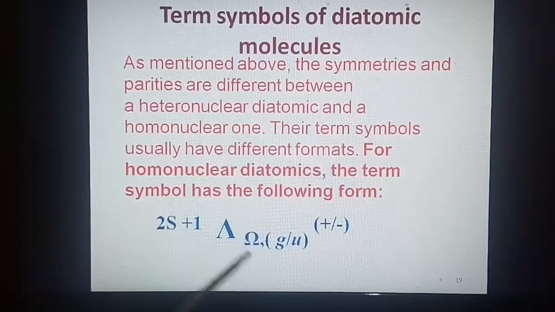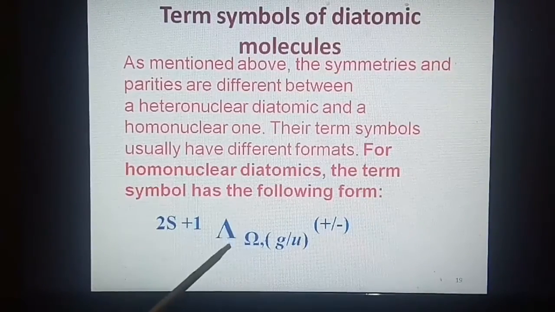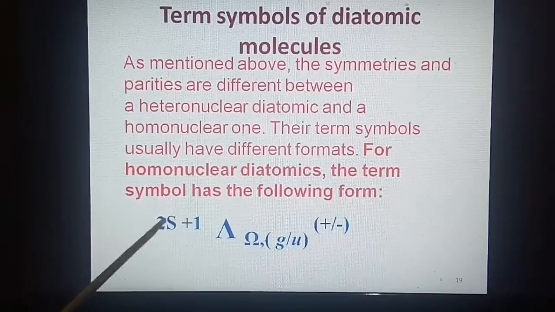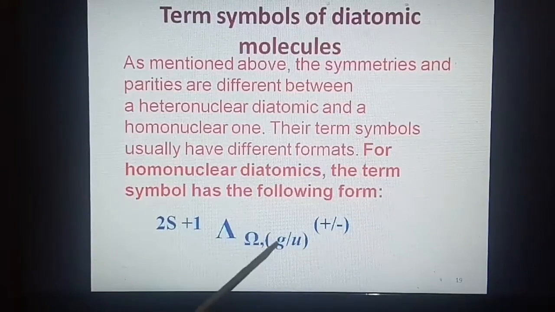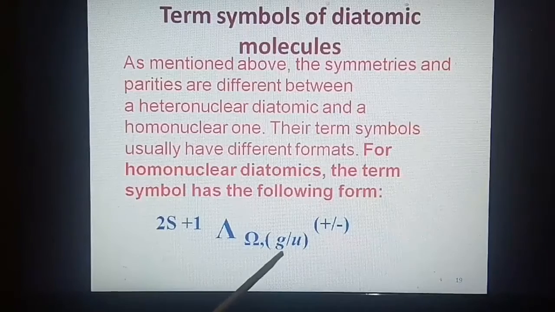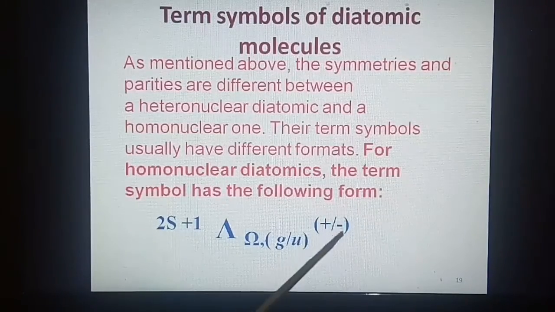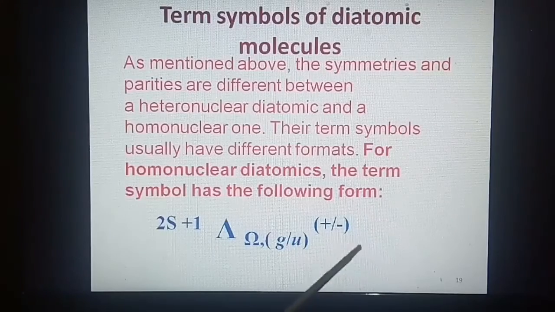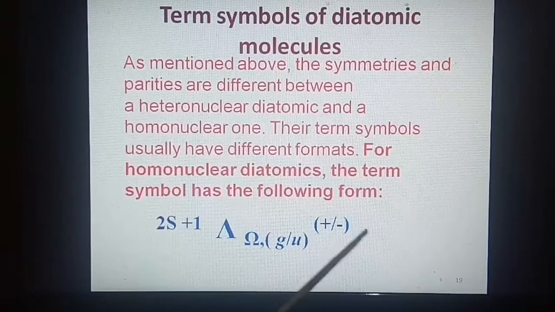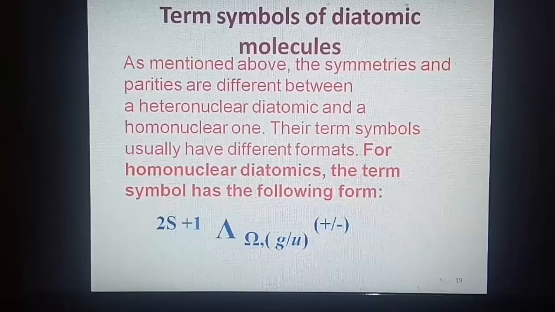Lambda will show us the symbols, and omega is the parity, that is g and u, and the plus or minus sign is the symmetry upon reflection in a plane passing through the nuclear axis.